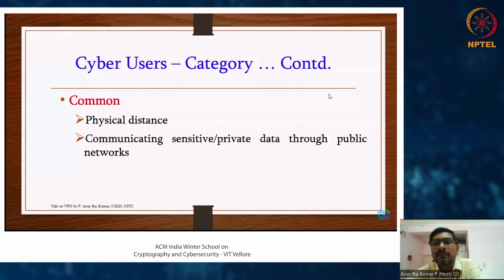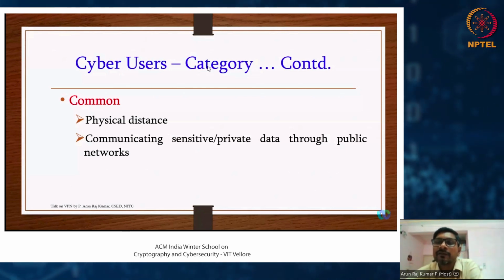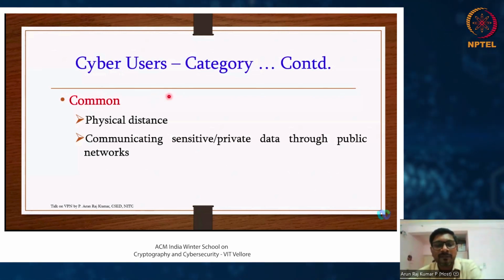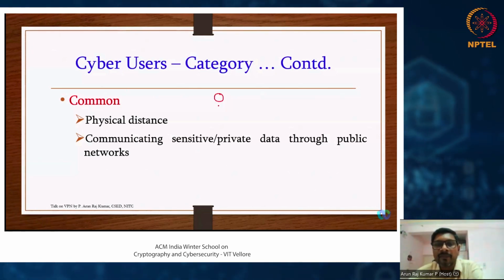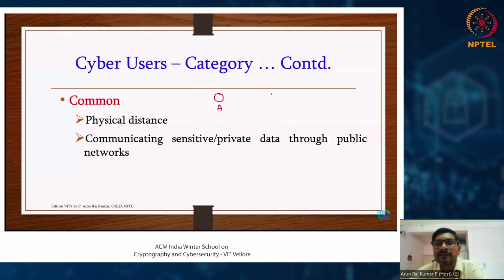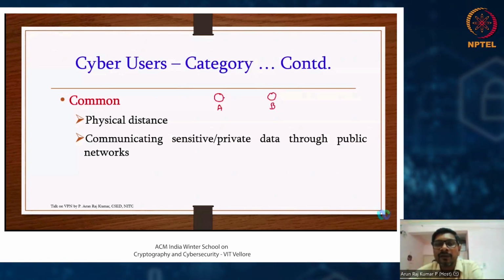And the second thing that is common is that all are communicating sensitive, private or critical data through public infrastructure networks, right? Going back to the same diagram, you can see here, this is the source A, and if you want to access B, you are actually going through multiple routers.